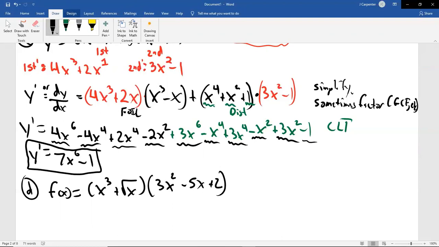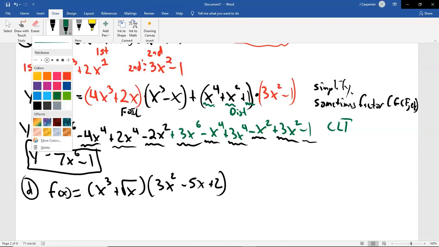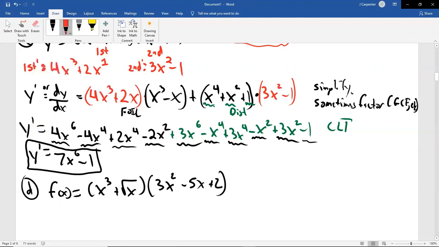Okay, how you write things out doesn't matter to me, but I'd call the x cubed plus the square root of x the first, and the 3x squared minus 5x plus 2, I'd call that the second.